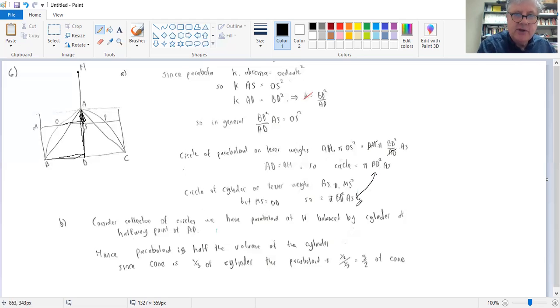So the collection of circles we have at the paraboloid at H, so we think of the paraboloid as just dangling from H, is balanced by the cylinder on AD. And that's the same thing as if the whole cylinder was at the halfway point. So that shows us that the paraboloid is half the volume of the cylinder. And since a cone is 1/3 of the cylinder, the paraboloid is 1/2 divided by 1/3, which is 3/2 of the cone. And that finishes off our homework.